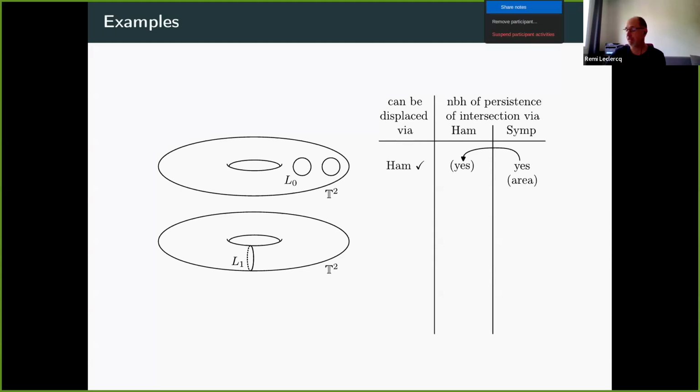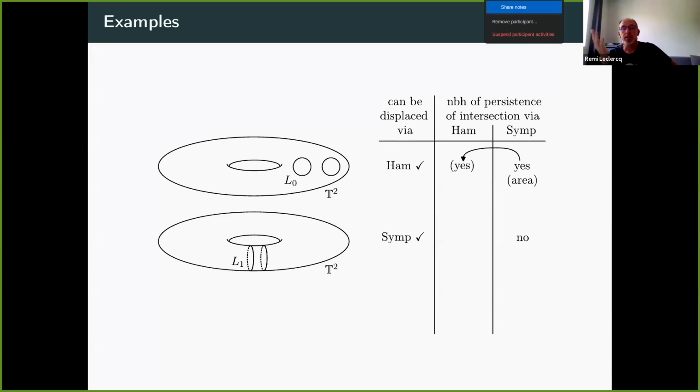And what's obvious is that the rotation along, let's say, the other obvious generator of pi1 is a symplectomorphism. So L1 can be displaced by symplectomorphism. But it's even worse than that because you can do it instantaneously, right? So you can do it in an arbitrarily small neighborhood of L1, meaning there is no neighborhood of persistence of intersection via symplectic diffeomorphism.